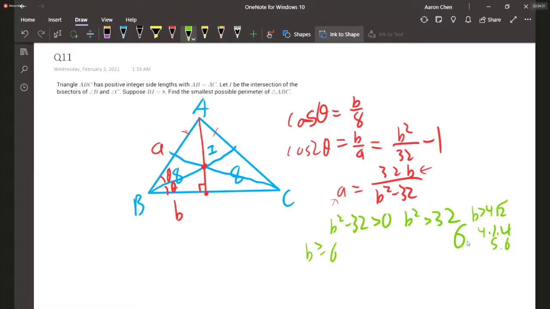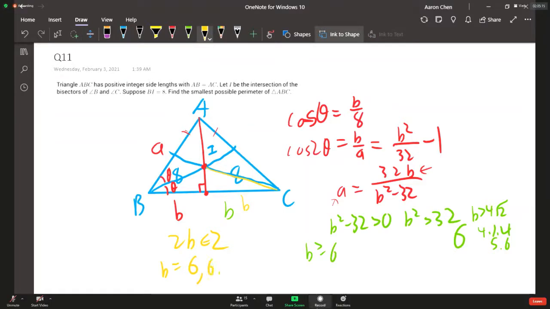And now we already know that 2B is an integer, and B is also one of the legs of a right triangle with hypotenuse length 8. So the possible values of B are 6, 6.5, 7, and 7.5.